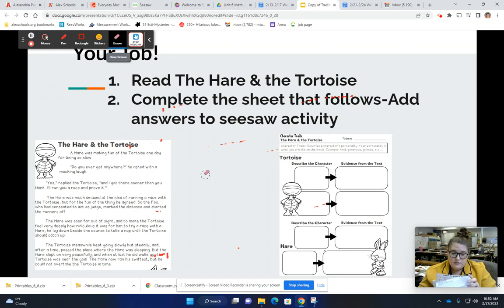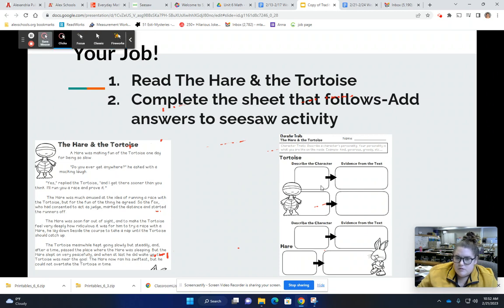And the page that follows is just like the page we just did, and it's up on the screen as well. You're going to come up with 2 traits to describe the tortoise, and then evidence from your story, and then 2 traits to describe the hare, and then evidence from the story, okay?